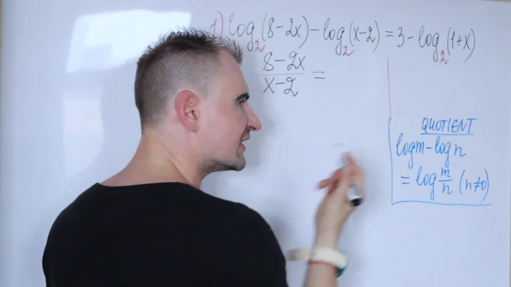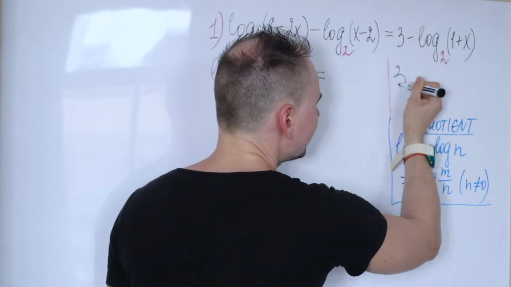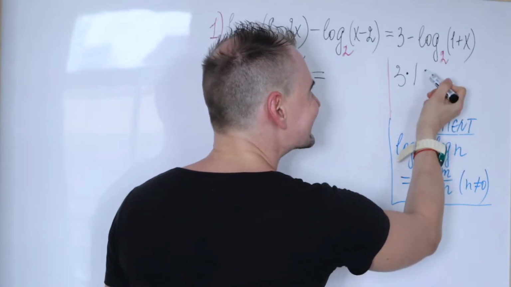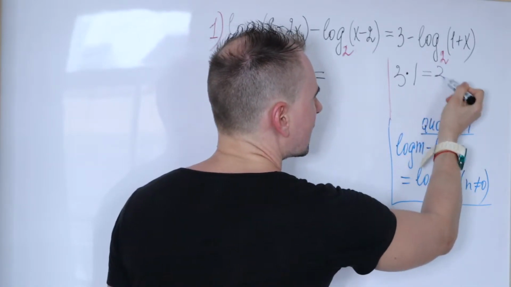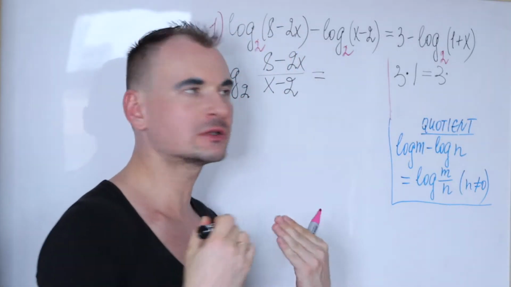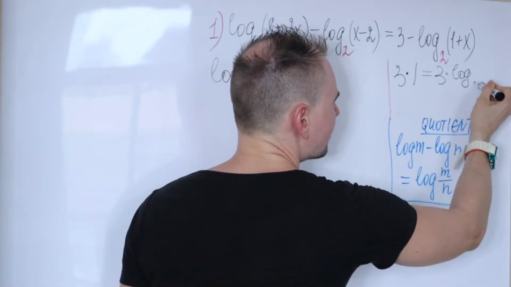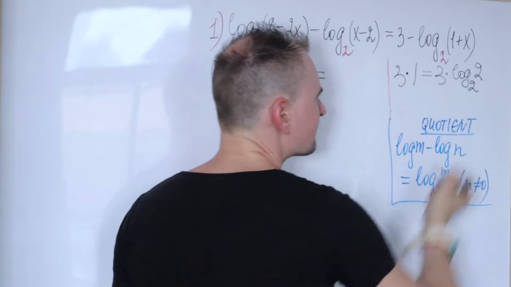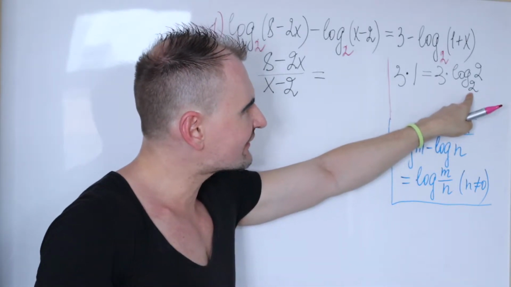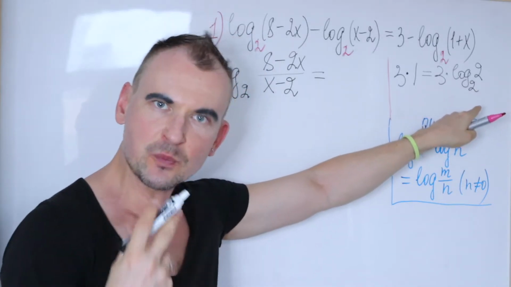Anytime you have a constant, a number, you can think of this 3 as 3 being multiplied by 1. And this 1 can be thought of as log to the base 2 of 2, since anytime you have the same base and the same argument, the log automatically is 1.